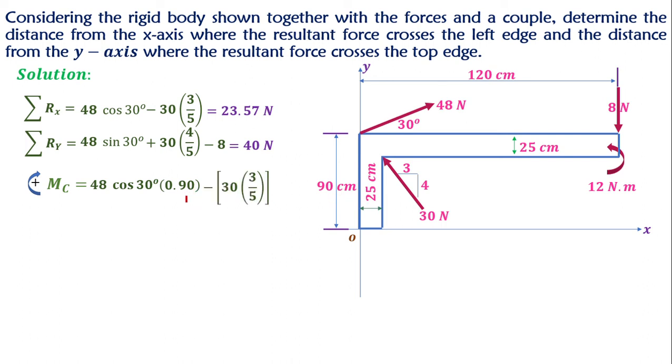So next, we have here minus 30, 3 over 5. Moment arm niya is ilan? O, di ba? Kasi 0.9 minus 0.25. So we have 0.65. Doon galing yan, ha?